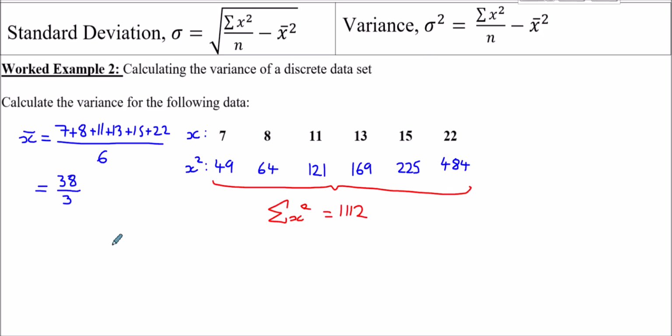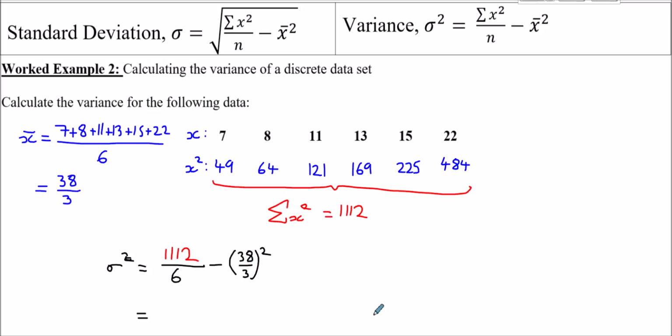So therefore the variance, sigma squared, is going to be the sum of the squares, so 1112 divided by 6, subtract the square of the mean, so subtract 38 over 3 squared.